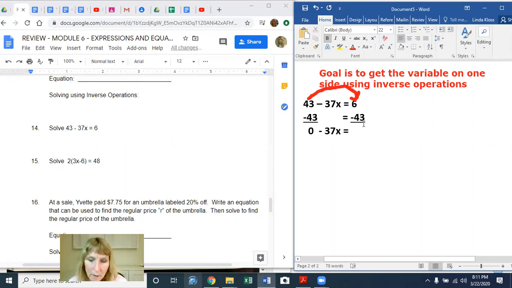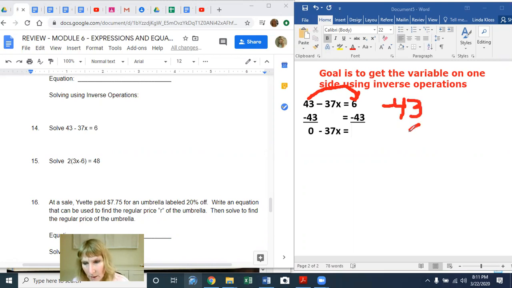So what does that mean? Well, we remember our integers unit. Negative 43 is like you owing me $43, but you have $6 in your pocket to pay me. So are you going to end up in the positive or the negative? Do you still owe me money? Of course. You owe me how much?